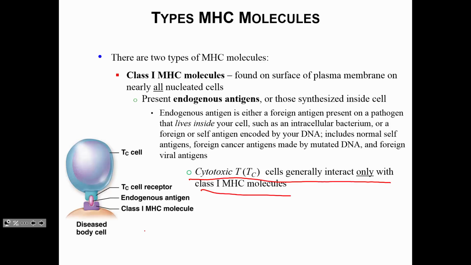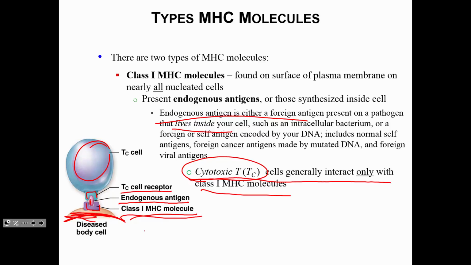So, here's the deal. Right here, I love this picture. This is the diseased body cell. This purple doohickey here is the class 1 molecule. The pink thing is the endogenous antigen. Endogenous means it has to come from inside your cell. Right here is the T cell. It is a cytotoxic T cell because that is the one that interacts with class 1. This aqua-ish green is the T cell receptor.